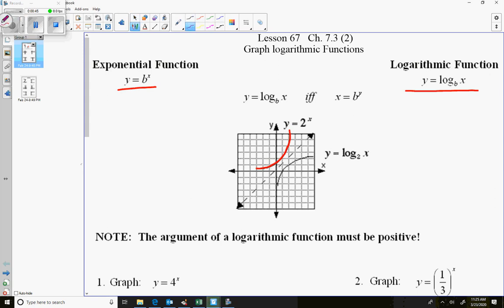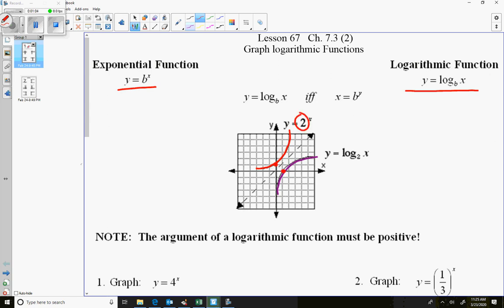Your logarithmic function, when we switch x and y, will now look like this with a vertical asymptote. Instead of going through the point 0, 1, your logarithm is going to go through the point 1, 0.